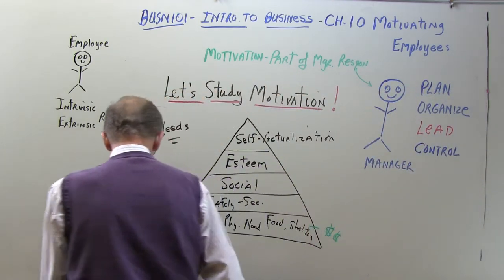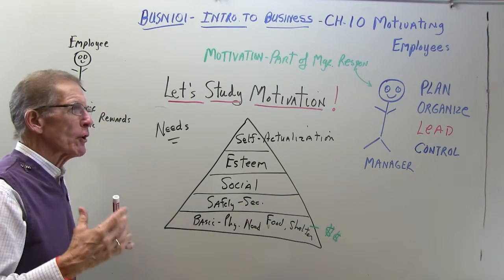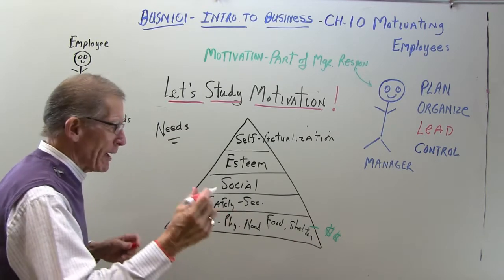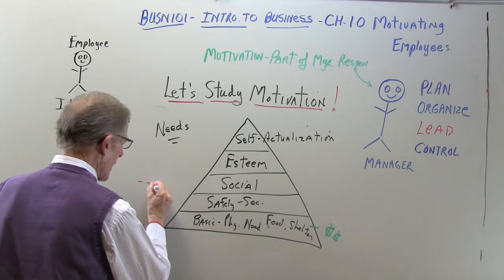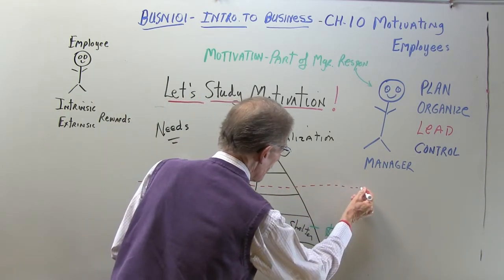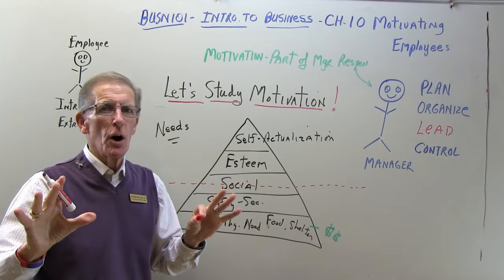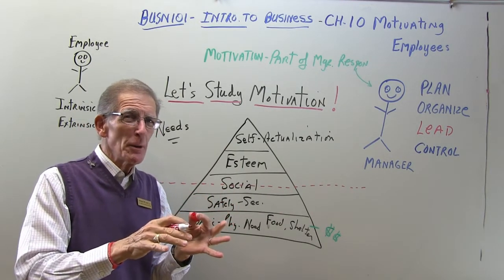Okay, time's back in. There was another guy, his name was Hertzberg. Now, if I were Hertzberg, here's how I would do this. I would draw a line right here. And Hertzberg said, look, Maslow's got this all wrong. He's partially right, but he's not completely right.